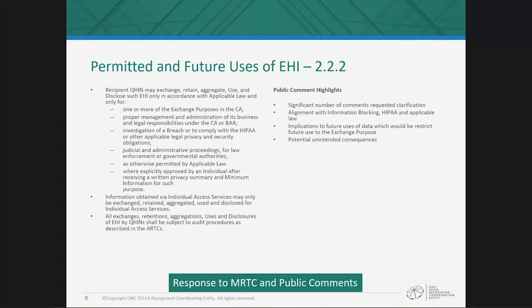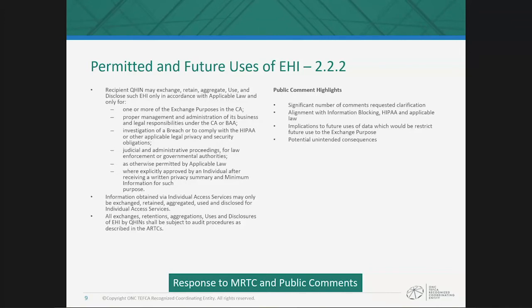It's clamped down, and those are my adjectives, to what the MRTC says. It's restricted to only uses consistent with my provision of those services. And then all of this is subject to audit. So that's what the MRTC says about permitted use and future use.